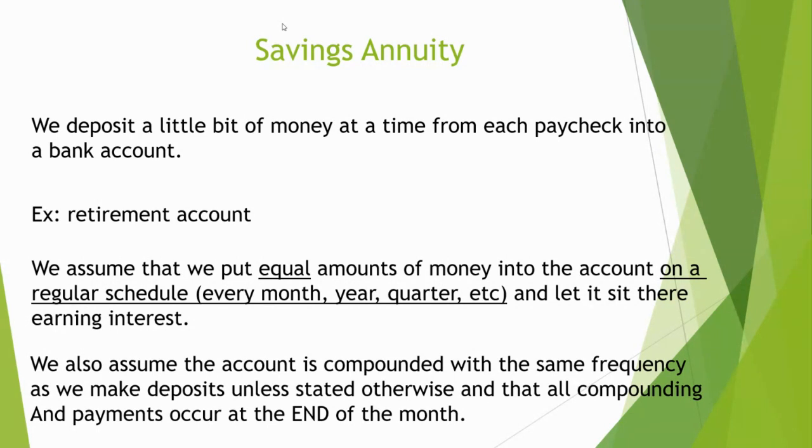But we are going to make some assumptions. We're going to assume that we're putting equal amounts of money into the account on a regular schedule, okay? For instance, maybe every month we're going to put in $100.